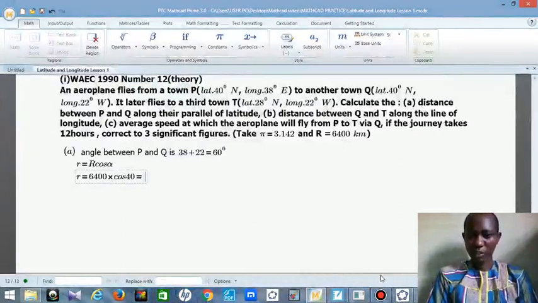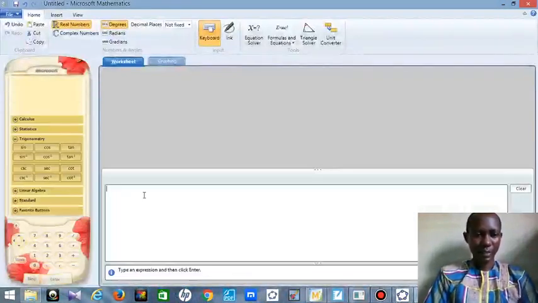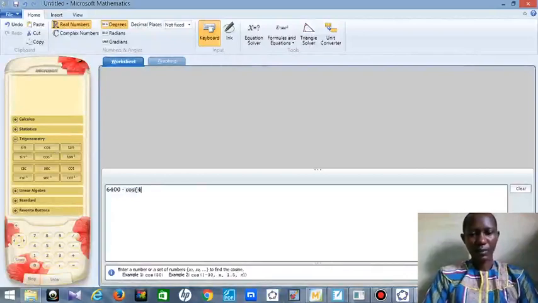So let's simplify this one. 6,400 times cos 40. Let's use our calculator to make it fast. 6,400 times cos 40 degrees.